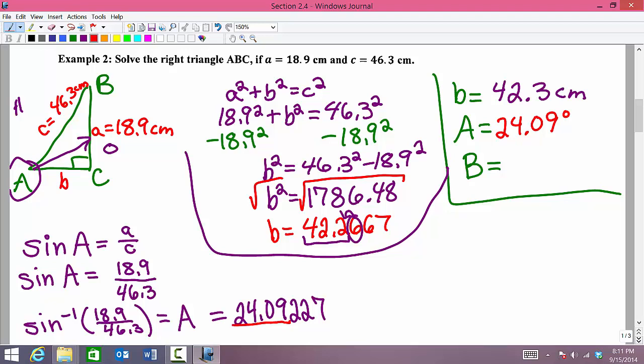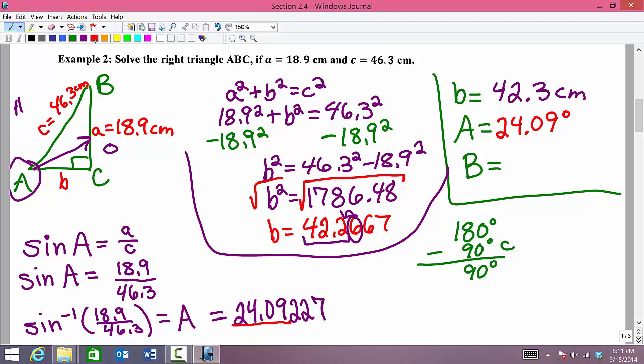Now that we know two of our angles, to find the third one, it's going to be very easy. We have 180 degrees to begin with. We can subtract off 90 degrees for our angle C. That leaves us with 90 degrees left over.